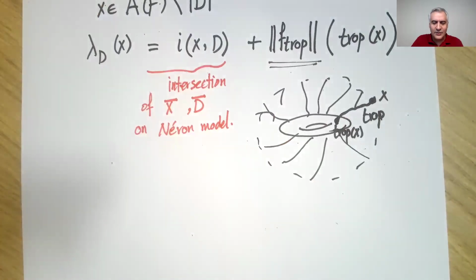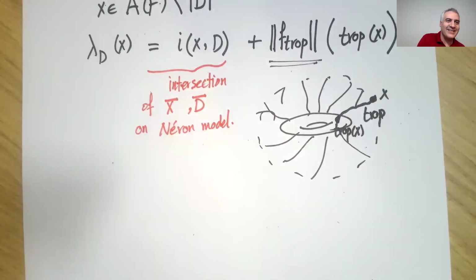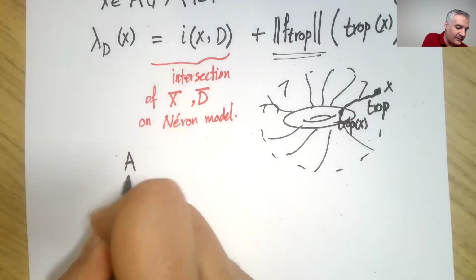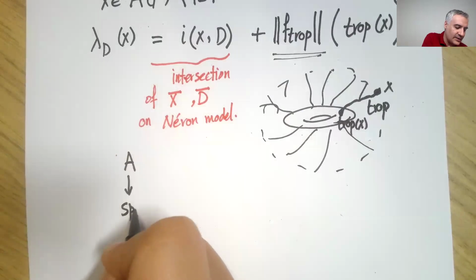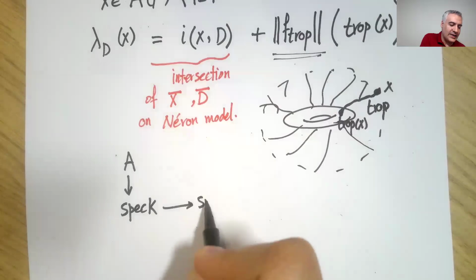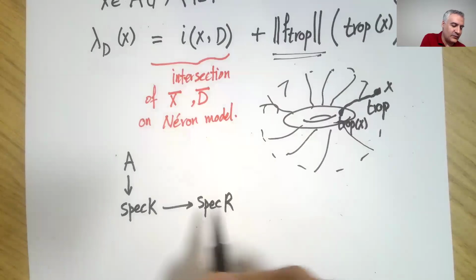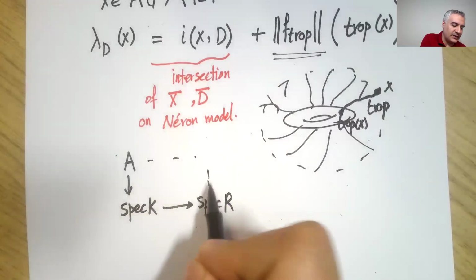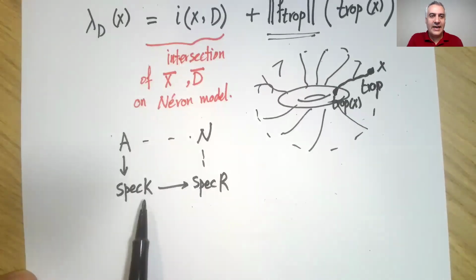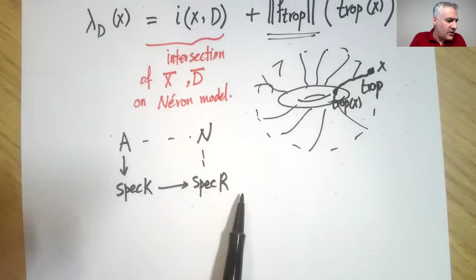I'm not going to go into it, there's a book called Néron Models, 600 pages. What I will say in one word is that if you have an abelian variety, you can extend it, the push forward of this thing is going to be in your Néron model. So you have a map from spec K to spec R. Did I call them K and R?